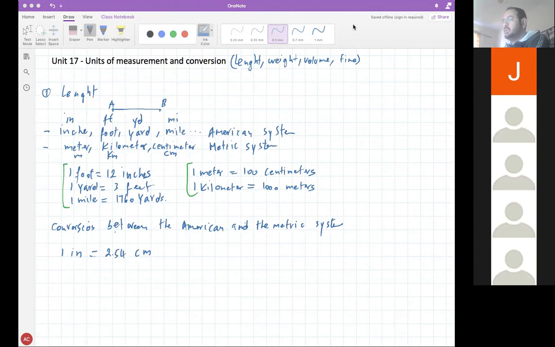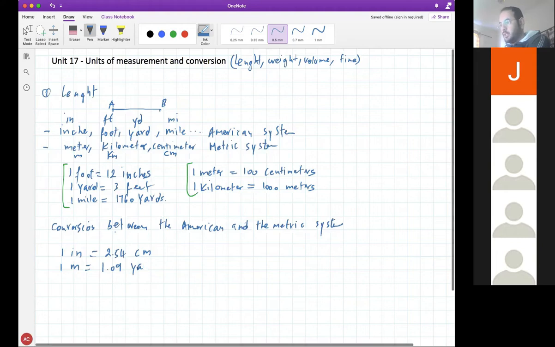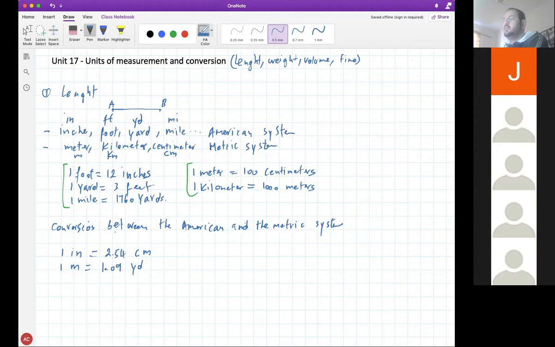It's almost exactly 1. So 1 meter, the symbol is m, is 1.09 yards, or just yd. 1 meter is roughly almost exactly 1 yard.